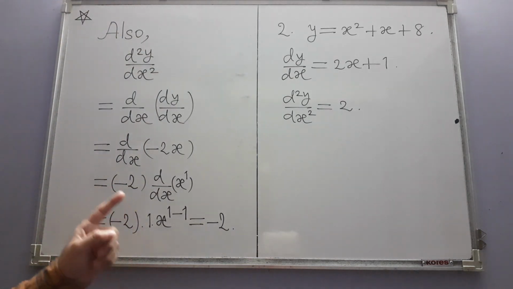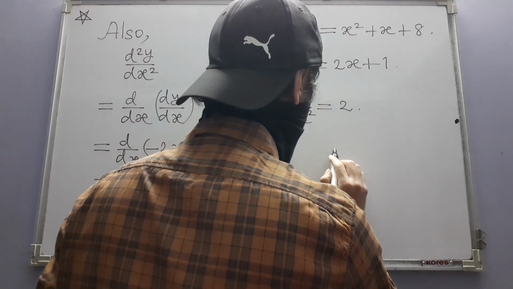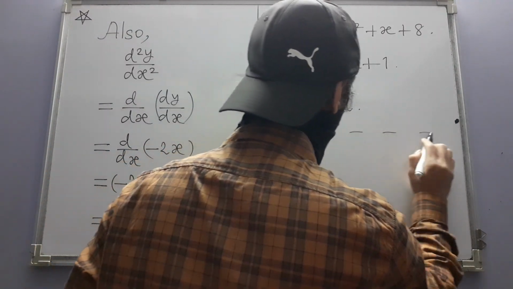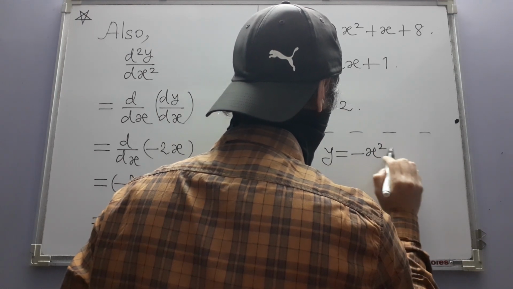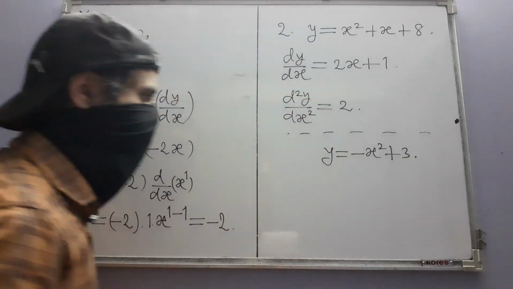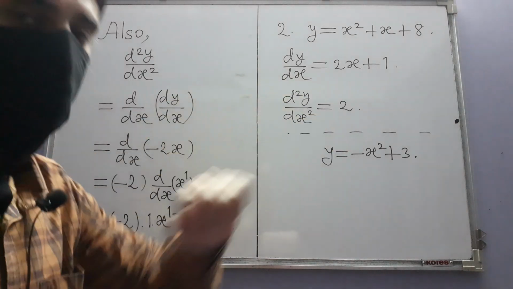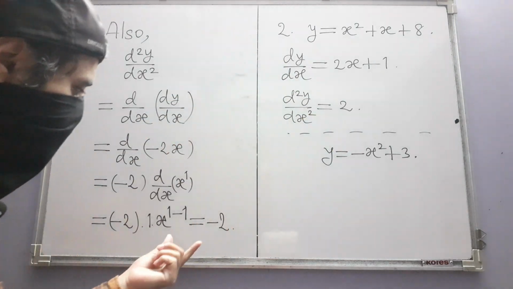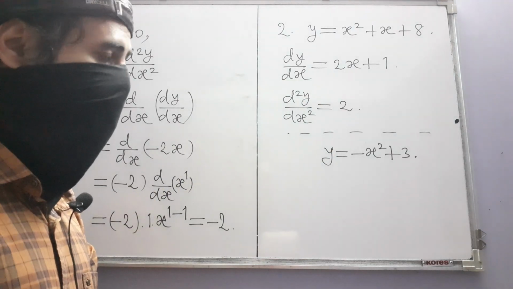You may have noticed one more thing from this first and second exercise. What was the polynomial in the first exercise? It was this, no? Minus x squared plus 3. The second derivative is constant. There also it is constant, minus 2. Here also it is constant, 2.